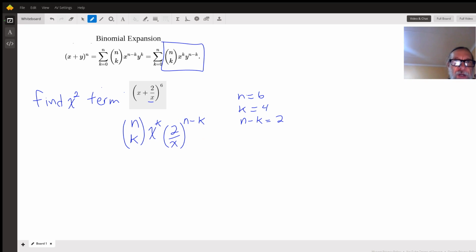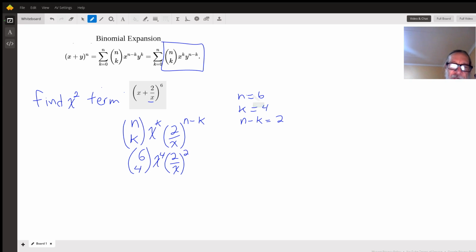So let's go ahead. So n choose k, that's 6 choose 4. And then we have x to the power k. And then we have 2 over x to the power 2.